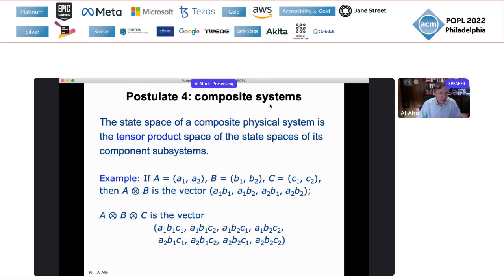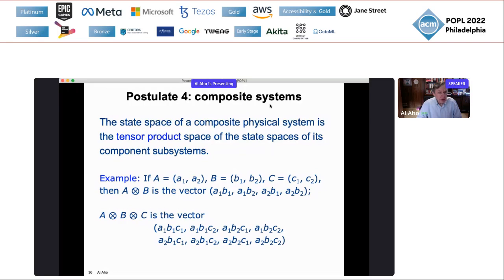The final postulate says what happens when we combine 2 composite systems. The state space of the composite system is the tensor product of the state spaces of its component systems. I've shown on this slide an example.